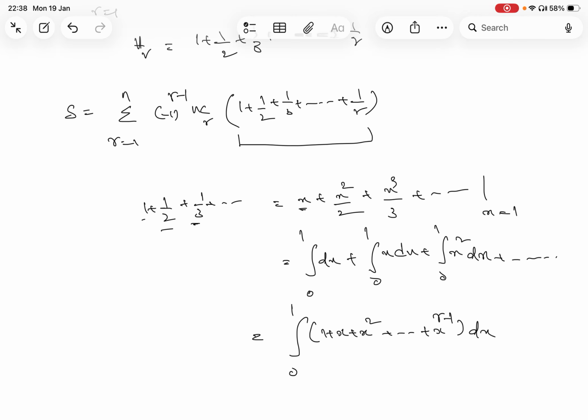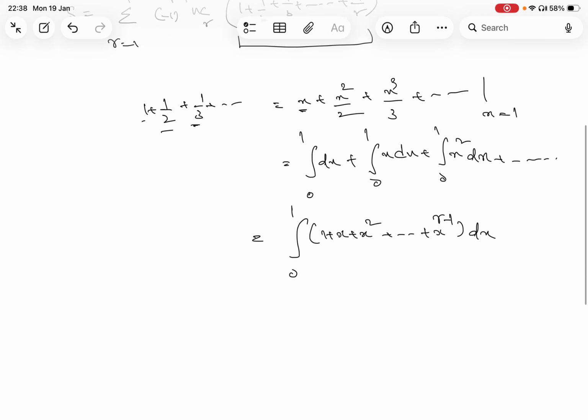As you can see now, this series is a geometric progression. The dx value ranges from 0 to 1, and the common ratio is x, which lies between 0 and 1.